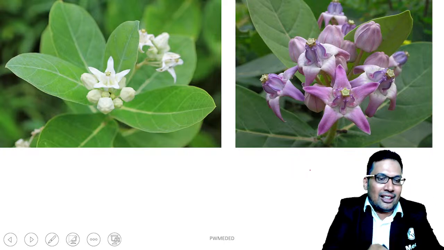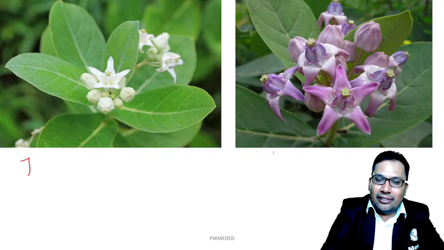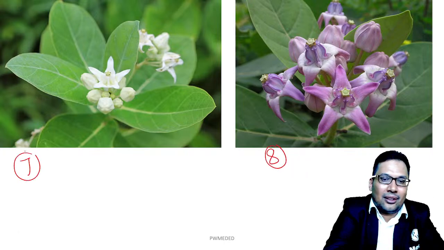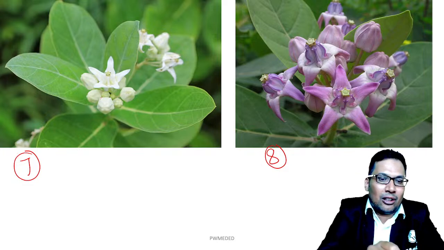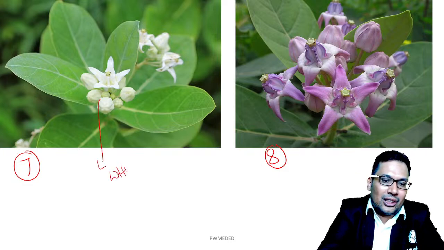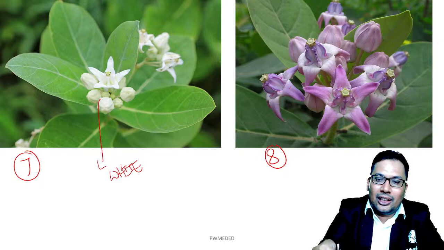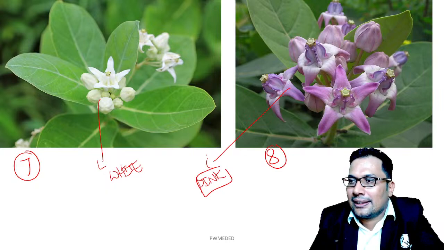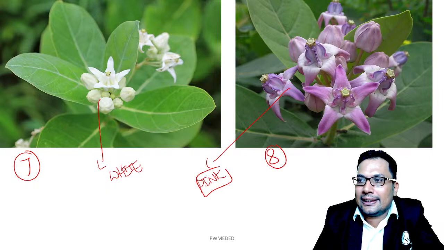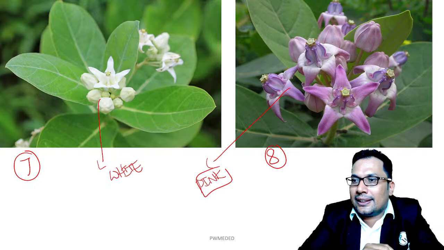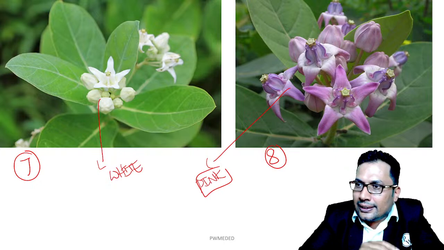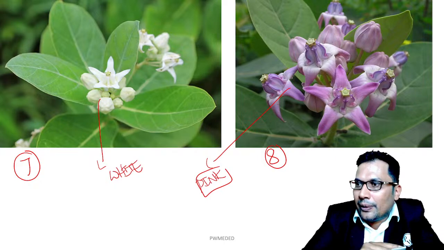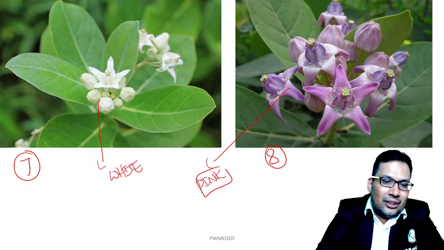Then 7 and 8. You can see the white flower and you can see the pink flower. What is this? 7 and 8. Can anyone guess? Come on, guess. What is this flower? Yes, very good.